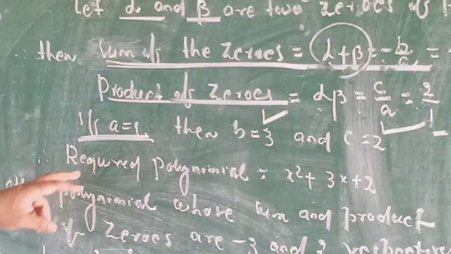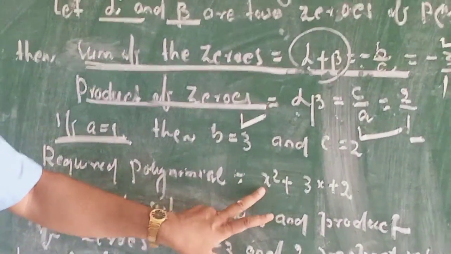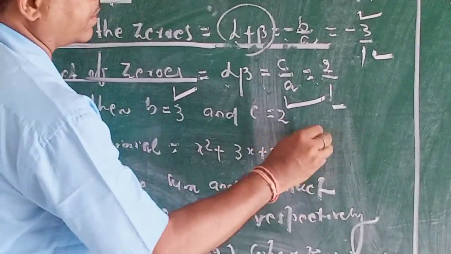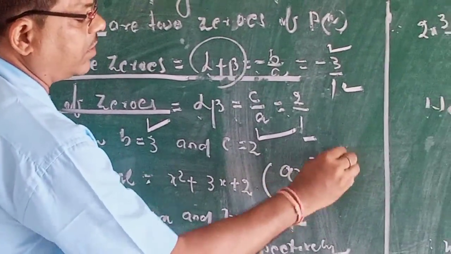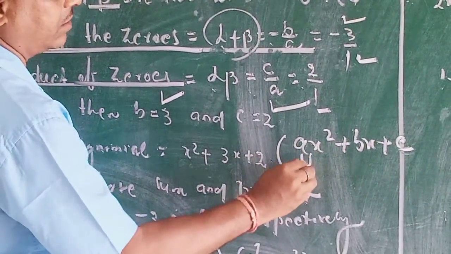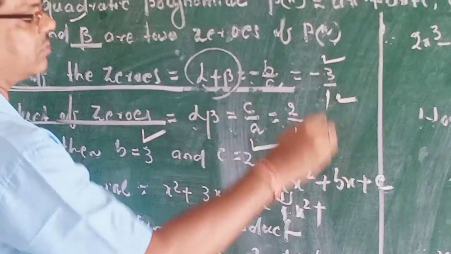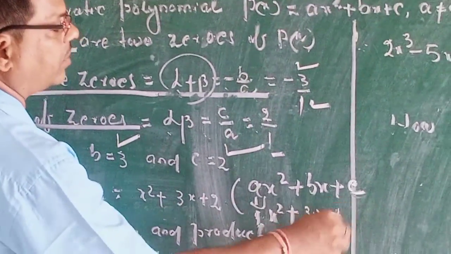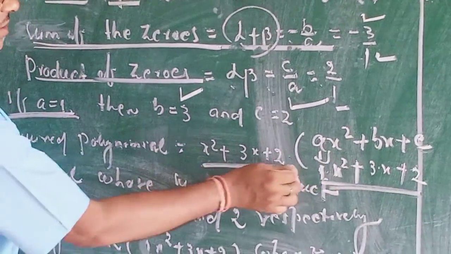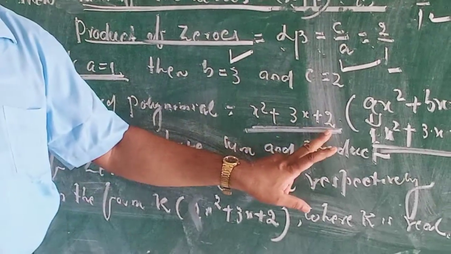Therefore, the required polynomial will be x square plus 3x plus 2, because ax square plus bx plus c has a as 1 into x square, b as 3 into x, and c as 2.